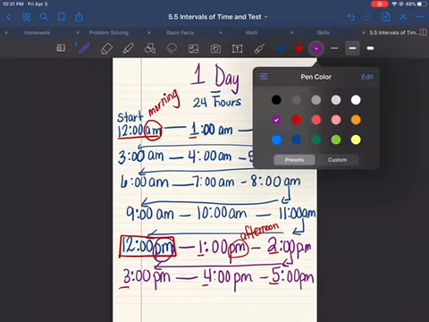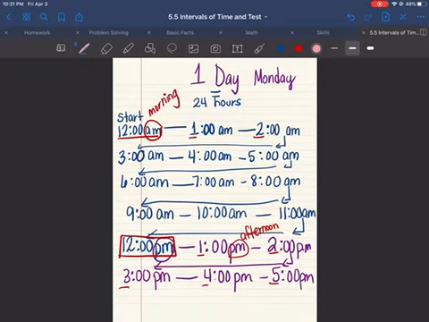Now, these are only some examples to help you understand this because we all do different things. But for example, Ms. Garcia is asleep between 12 o'clock, 1 o'clock, 2 o'clock, 3 o'clock, 4 o'clock, and 5 o'clock in the morning. Ms. Garcia sleeps from the late afternoon to 5 o'clock in the morning.